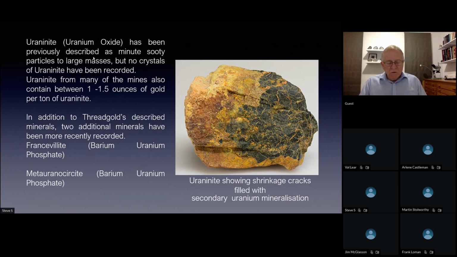In addition to Threadgold's described minerals, two additional minerals have been recently recorded: branneritee and metauranospinite. And from what I can gather and what I've seen, with this one on the right-hand side, you get these uraninite masses and shrinkage cracks as it breaks down, and you get the secondary uranium minerals filling the cracks. Next slide.